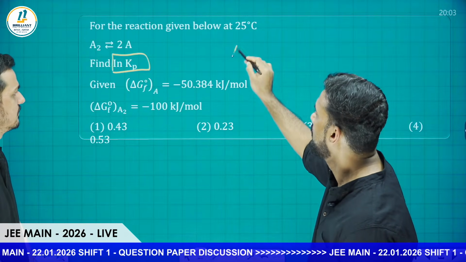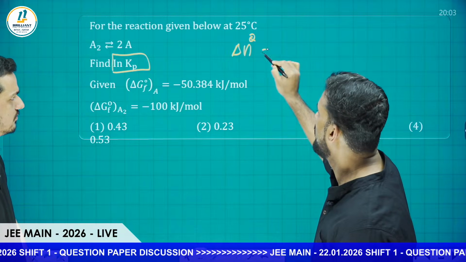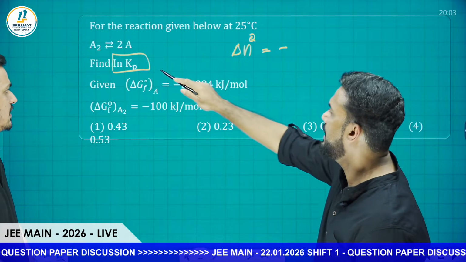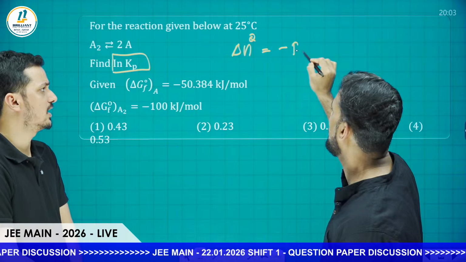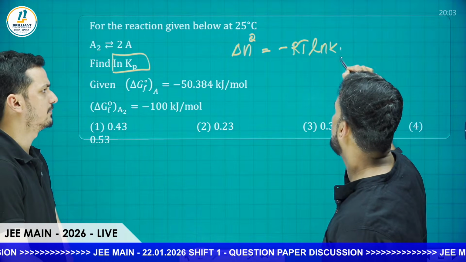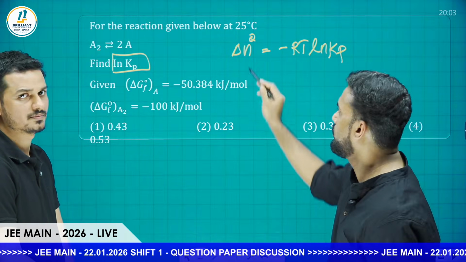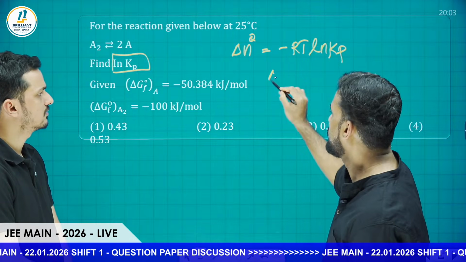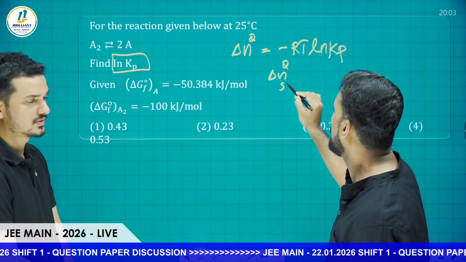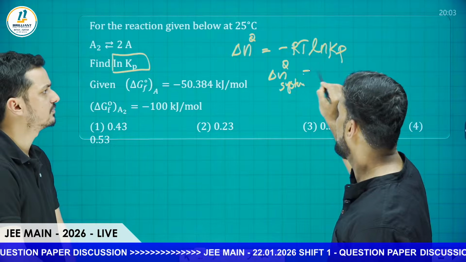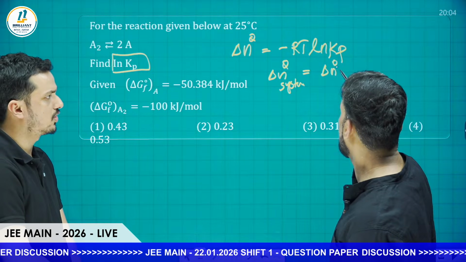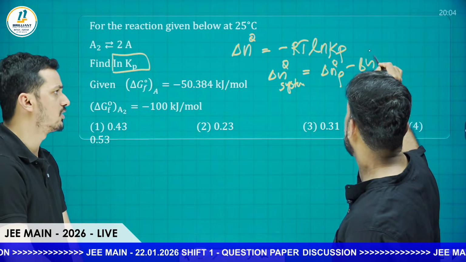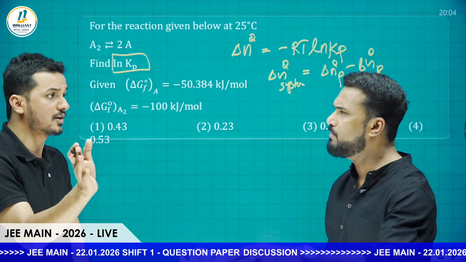Delta G naught is equal to minus RT ln Kp. So we need to find delta G naught of the net reaction, which is equal to delta G naught of products minus delta G naught of reactants.